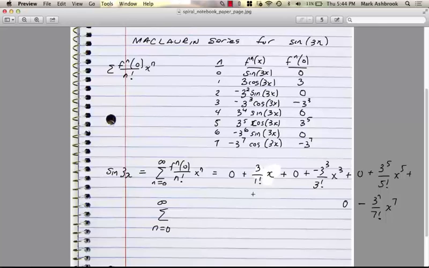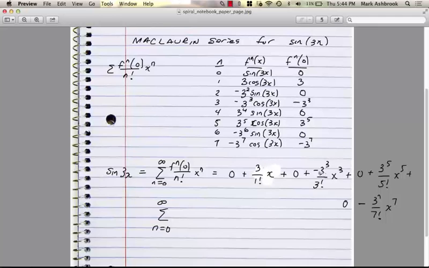Could we write a formula that only generates these terms correctly? When n equals 0, we want to get 3 to the first.